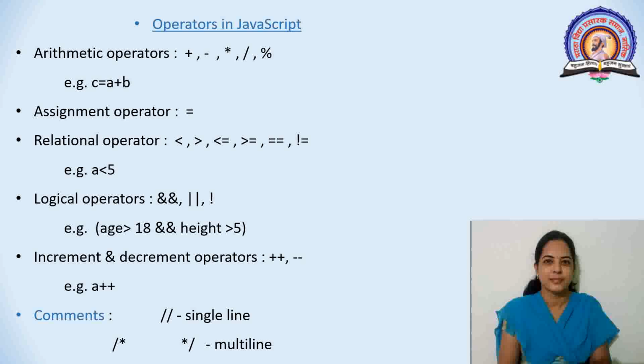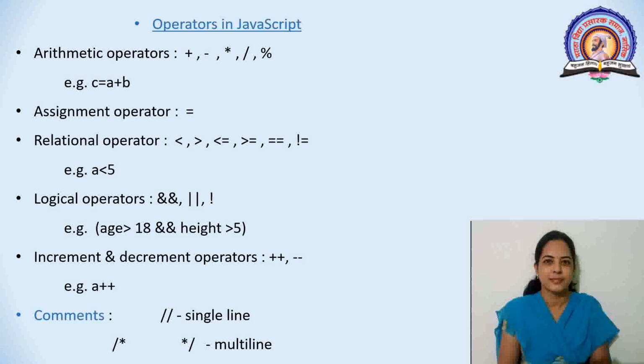Then next operator, that is increment and decrement operators. So these operators are used for increasing or decreasing the values. In increment we have two types, that is pre-increment and post-increment, like plus plus x or x plus plus.